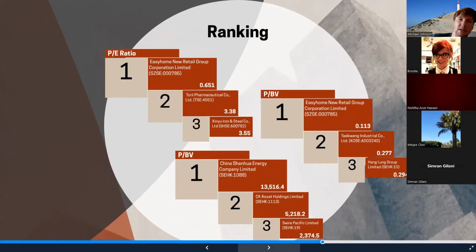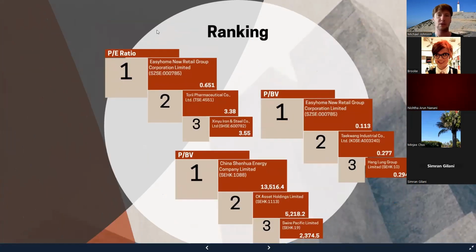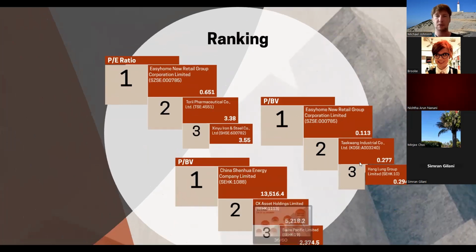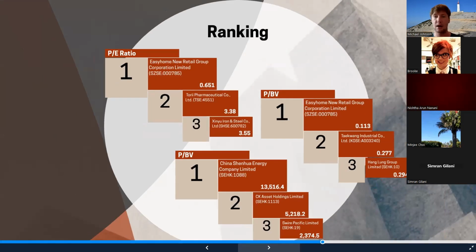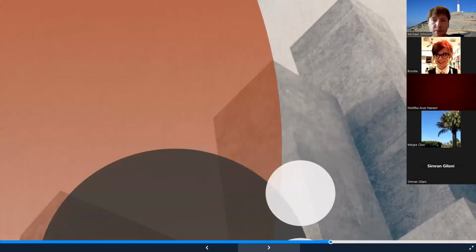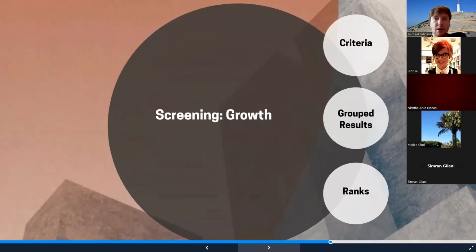And then ranking. So P/E ratio, these are some examples here. I'll just skip this right here. I'd recommend, these companies are just examples. Don't invest in these, but these are just examples from this PowerPoint. Don't invest in those.